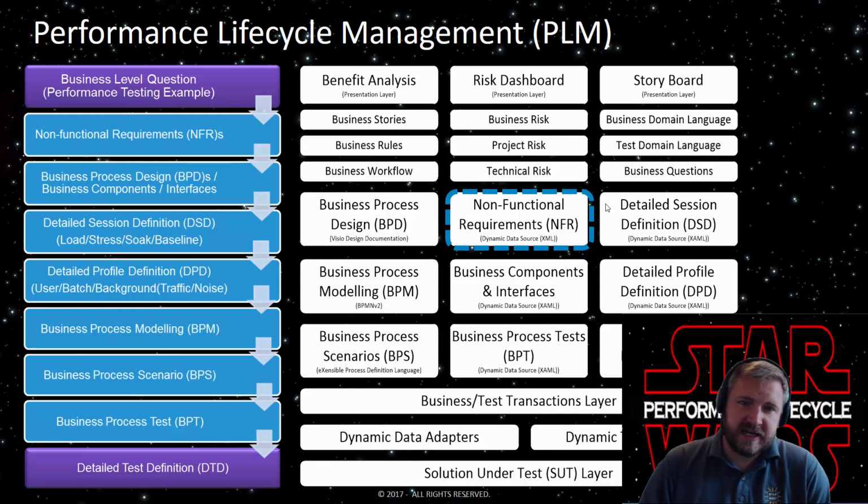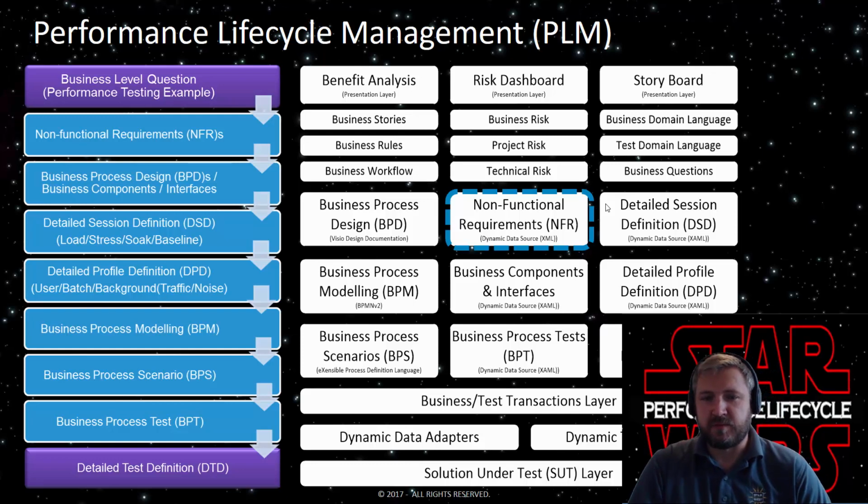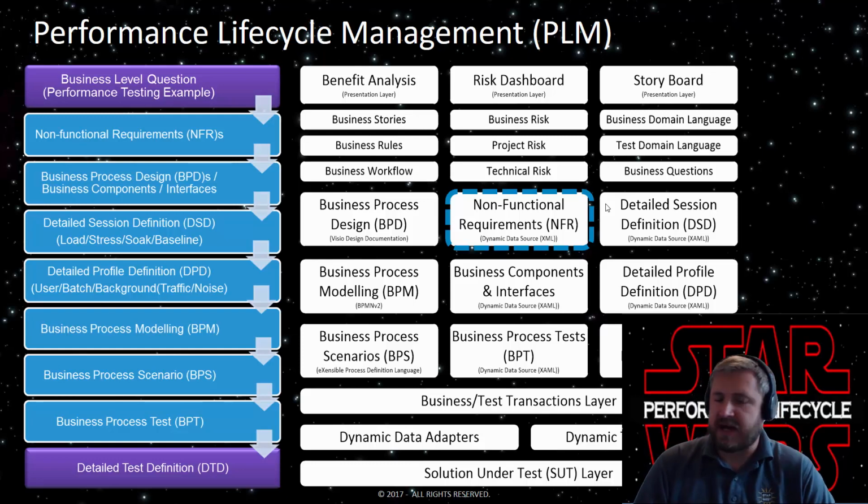So typically in this case, there were about 2,000 process design documents, and we had to understand the non-functional requirements of each one of those individual components. And then we needed to be able to create or architect sessions that would prove this with those various different profiles. So those user, batch, and background noises.